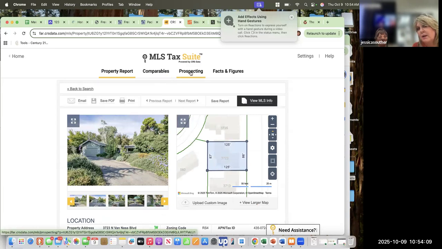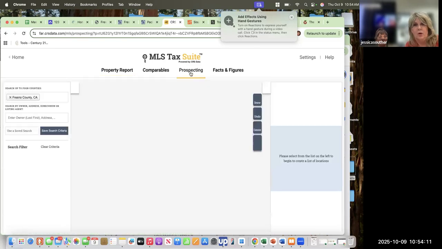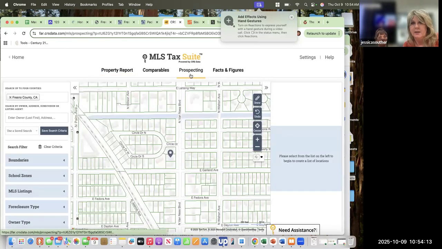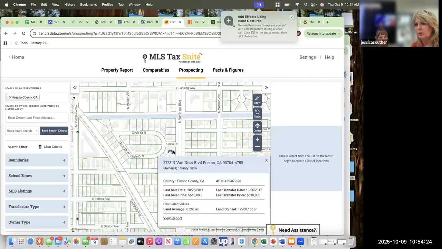If you guys see prospecting there, and maybe you all know this, but anyways, prospecting is so cool. And we're going to get into farming your neighborhood also, because you can find out exactly who lives next door and when they bought.